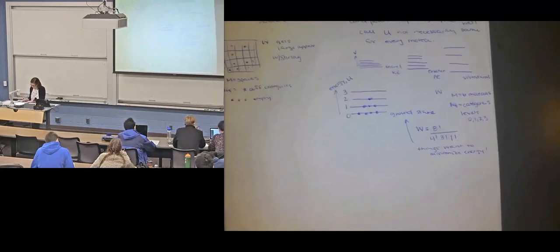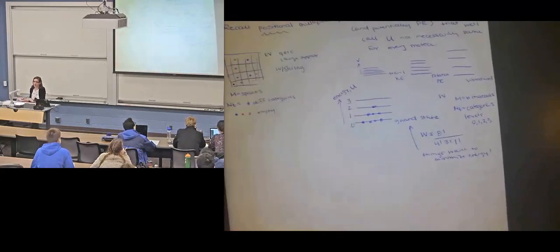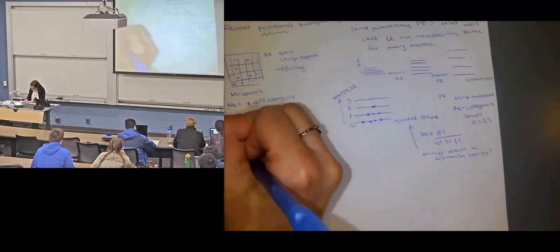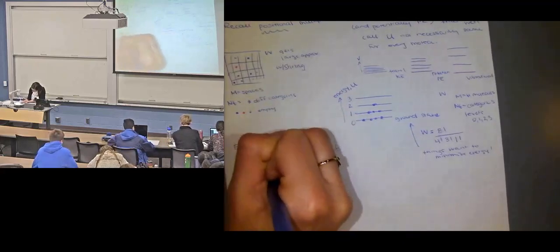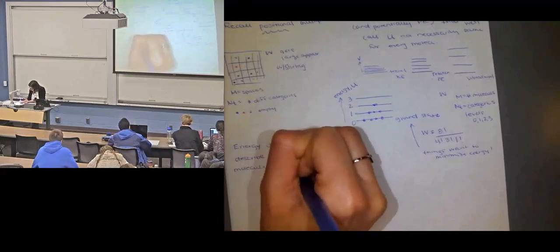Okay, so let's talk about some rules, some assumptions for energy distributions. Energy distributions describe the population of molecules across possible energy levels.